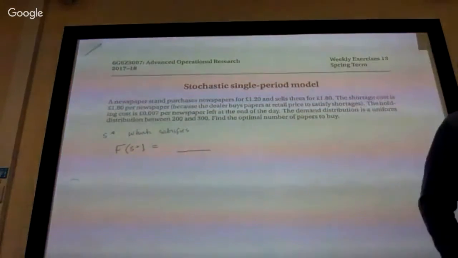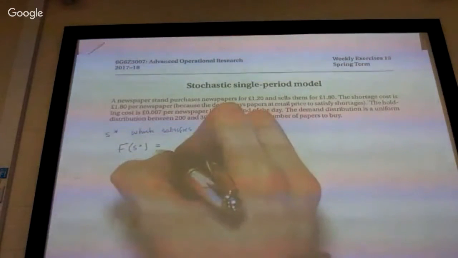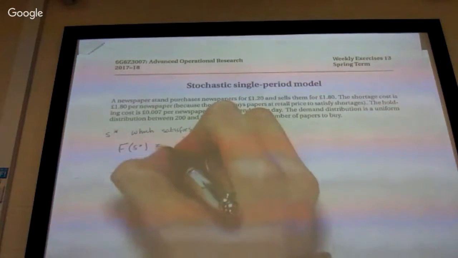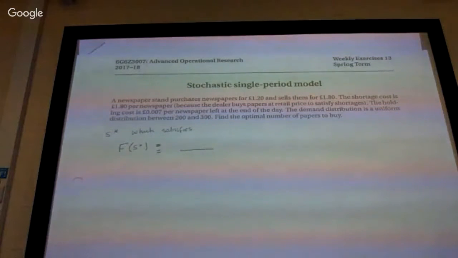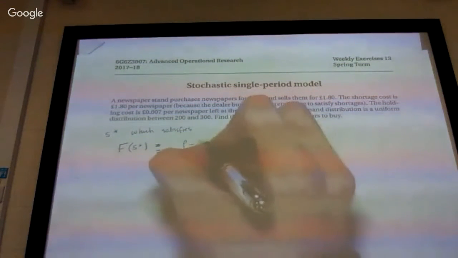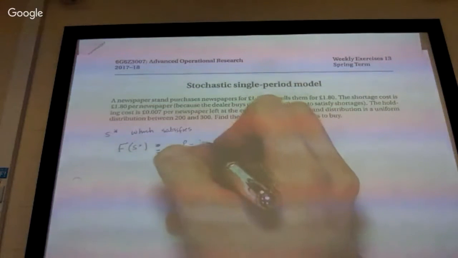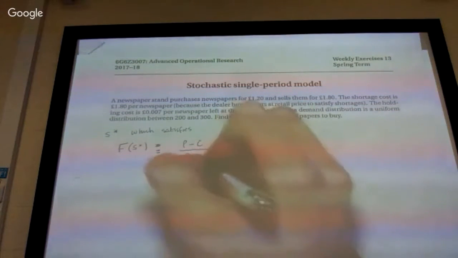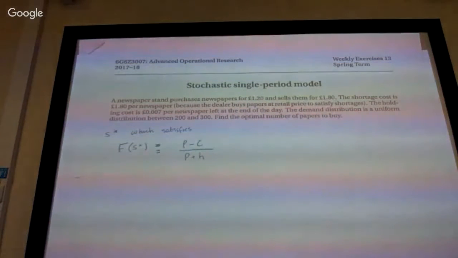Anyway, okay, so it's P minus C divided by P plus H. P minus C, those little letters, over P plus H. Now we should say what they are.